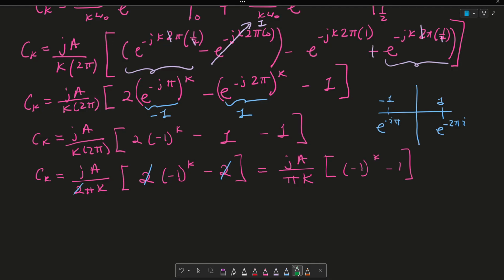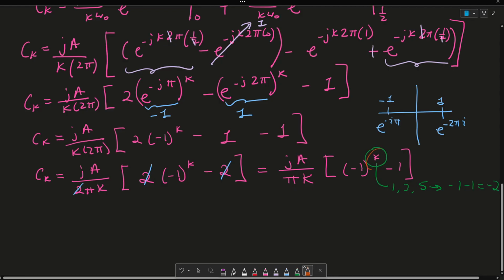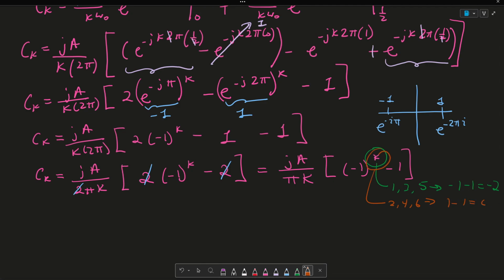Okay. So let's take the case where k is negative. I'm sorry, k is odd. So if k is odd, so this is, let's say, 1, 3, 5. This becomes negative 1 minus 1, which is equal to negative 2. And for k even, so 2, 4, 6, this becomes 1 minus 1, which is equal to 0. So what can we say then?